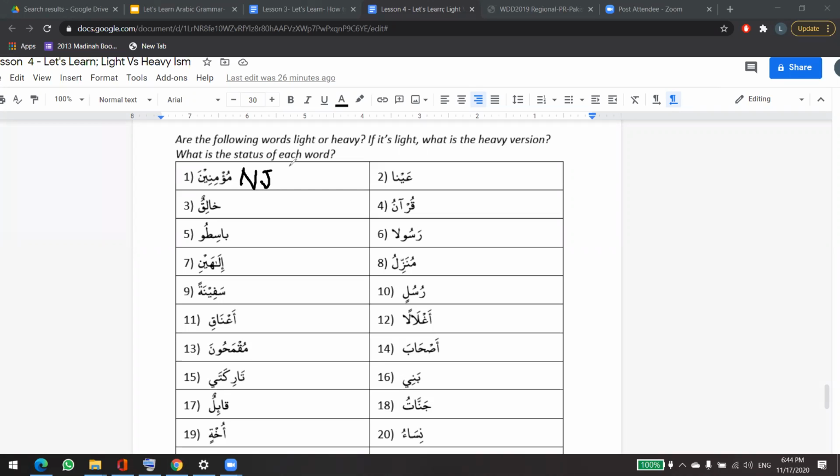And then you are going to write either light or heavy. So ina, you have an extra n sound at the end. So this is heavy. And if it's heavy, you don't need to write the lighter version.